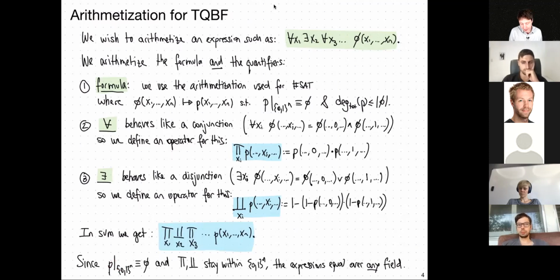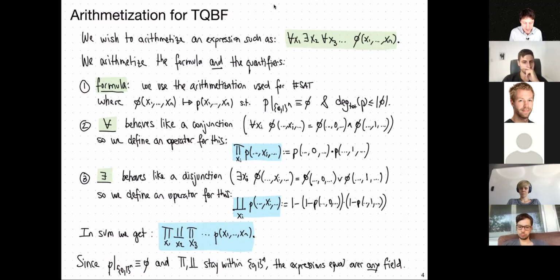And it's not just a candidate, but it actually has some desirable property: because the polynomial agrees with the formula at every Boolean input, and this arithmetic expression plugs in only Boolean inputs into the polynomial, the two expressions are equal over any field.